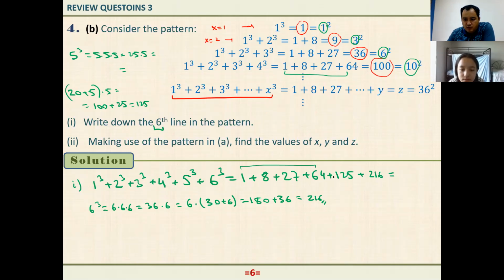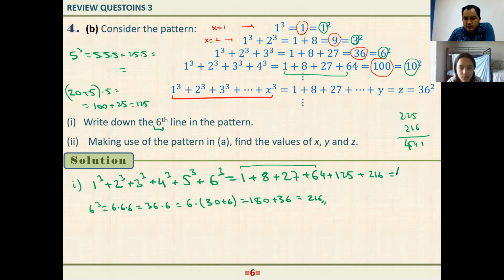Now if I add 100 plus 125, 100 plus 100, 225, and to 225 we add 216. 5 plus 6, 11, with 1, 2 plus 1, 3, 3 plus 1, 4, and the 4 plus 2 plus 2, it is 4.